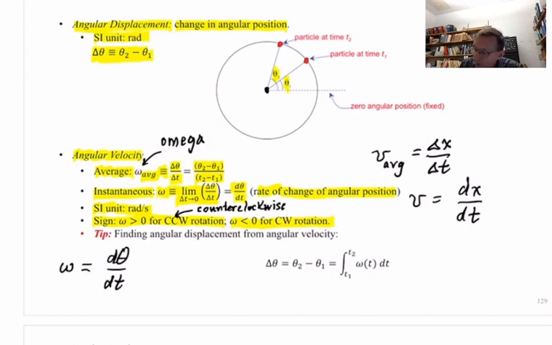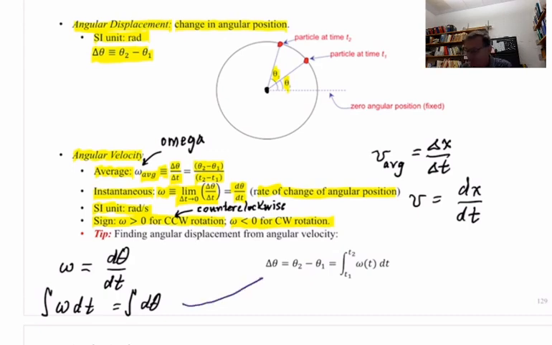So when I multiply both sides by dt, I'll write it right down here, I get omega times dt equals, and I just think of that side as being a d theta because the dt's cancel. And then I integrate both sides. I do the mathematical operation called integration. All right, the result of that is now the expression I'm going to refer to right over here that is useful.